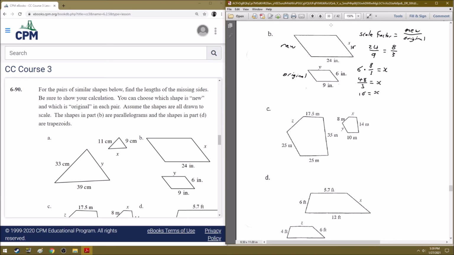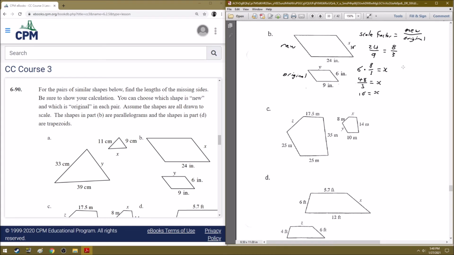So for y, it doesn't tell us what y is up here, but because it's the parallelogram, we know that this side up here on the new is also going to be 24. So then we just need to divide by the scale factor to find y.